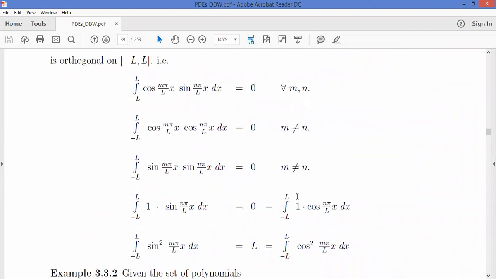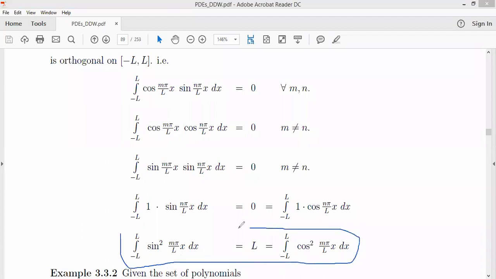Remember, we said cos and cos will be 0 if m is not equal to n, but for m equal to n, this one will simply give you L. Some of you may be wondering, we don't see the L here.